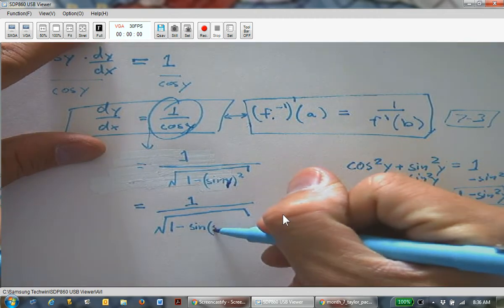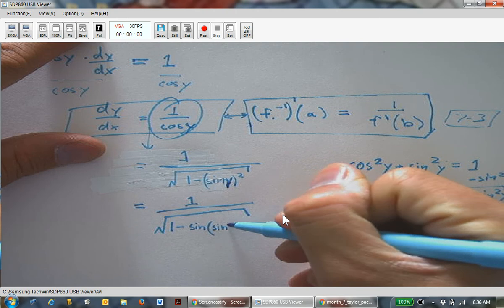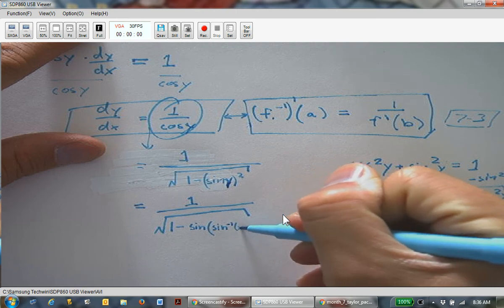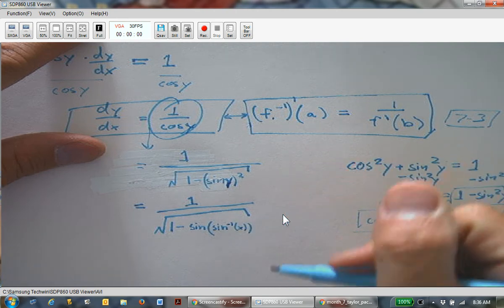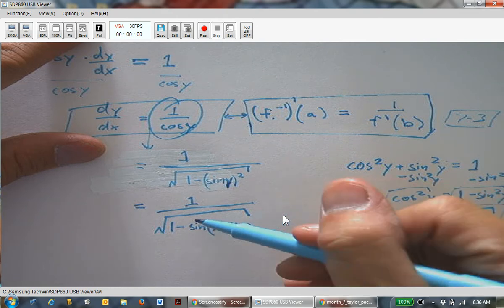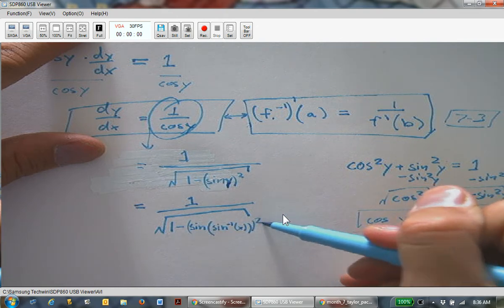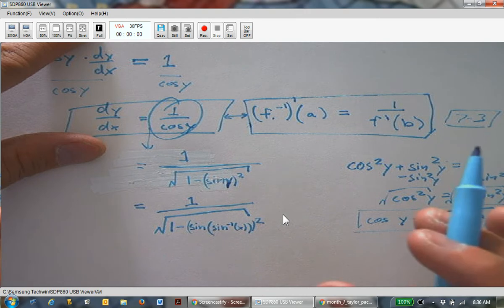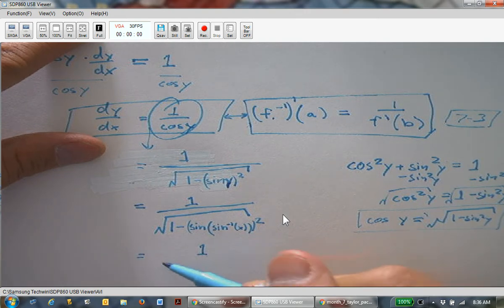So here's what it's going to look like: inverse sine of x. And don't forget, we're squaring this whole statement. So don't be scared. Hold on, let's take this step by step.